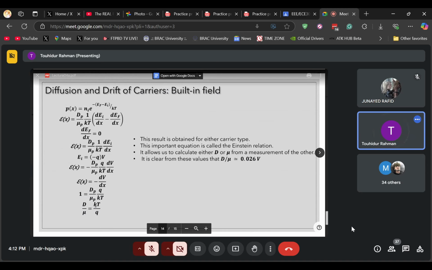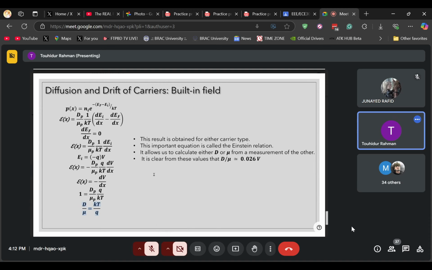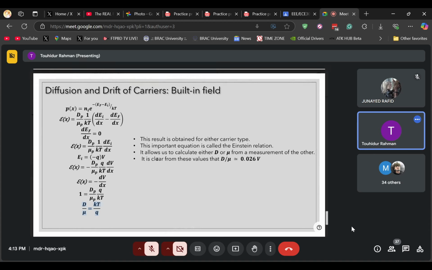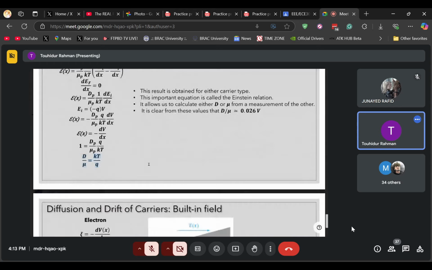If you go through that, you will see this is the equation we can come up with. Okay. Any questions from this slide? All right. If not, let's move on.